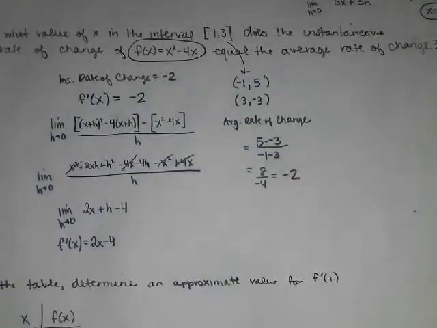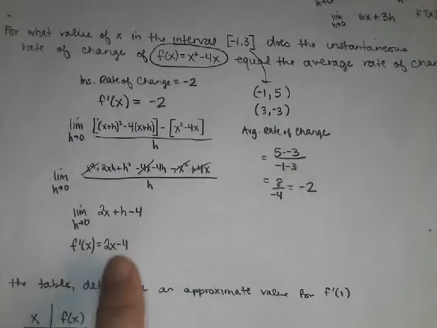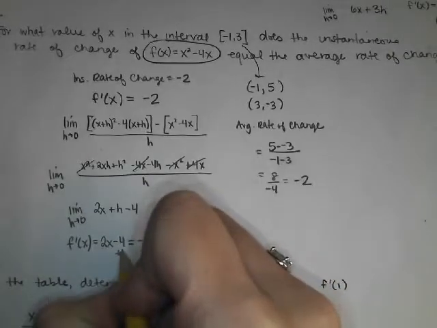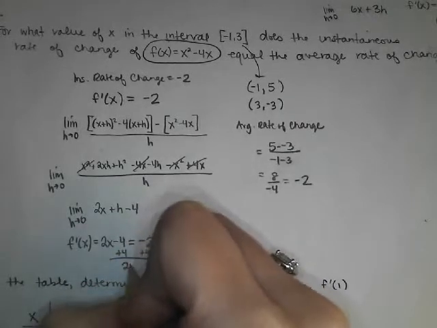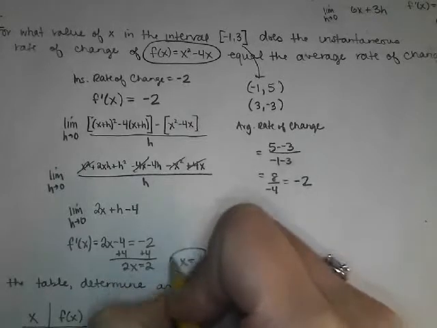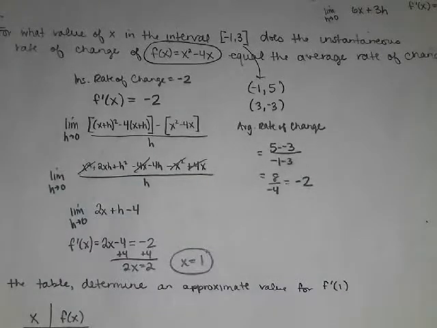And like I said, we want to know where that is going to equal negative 2. Add 4 to both sides. 2x equals 2. x equals 1. So for what value of x? 1.